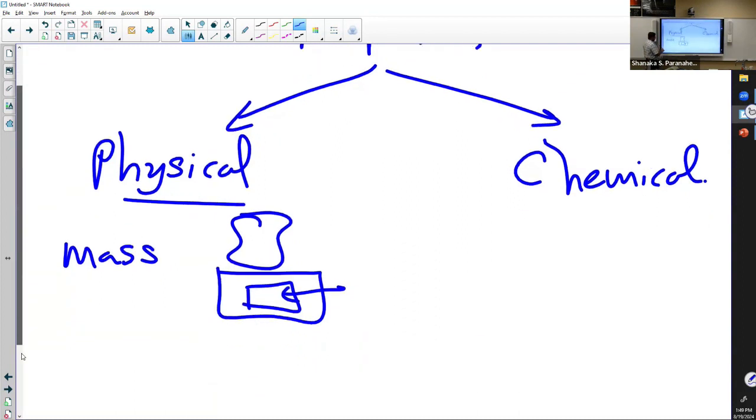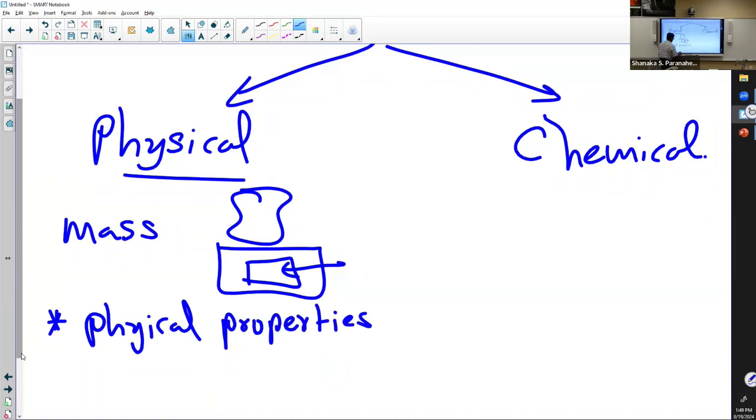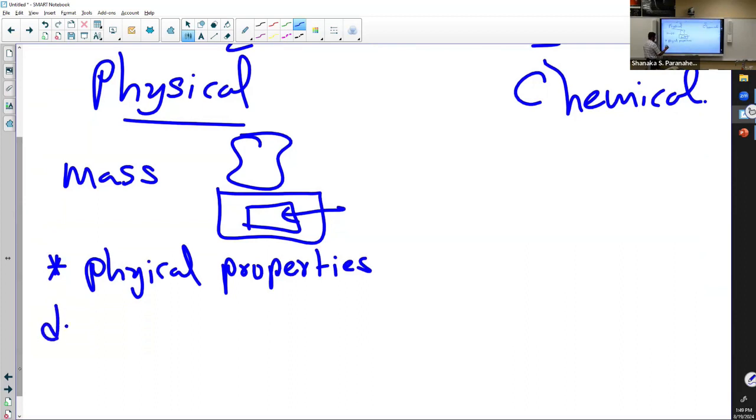So physical properties do not produce new substances.